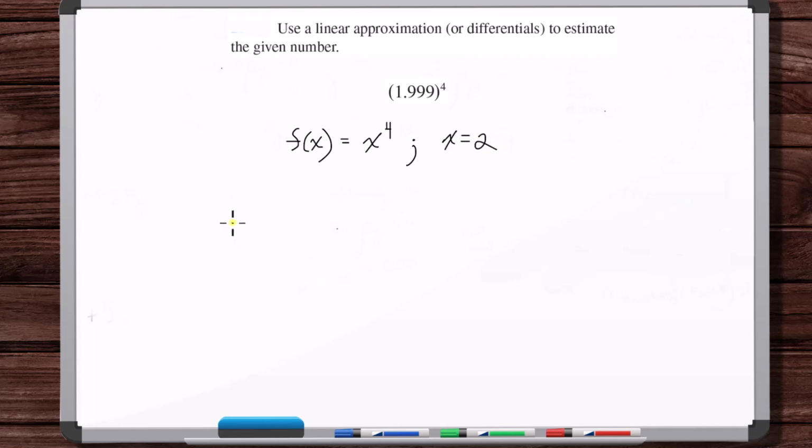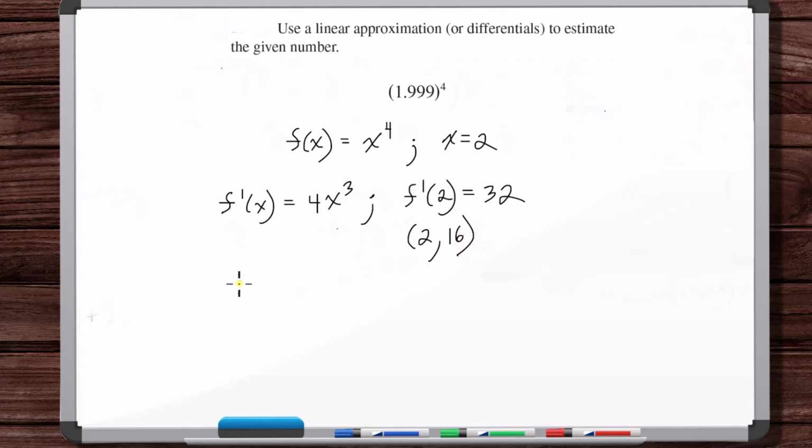Let's find L of x. So f prime of x is equal to 4x cubed. So f prime of 2 is equal to, 2 cubed is 8, 8 times 4 is 32. There's our slope. Our point is 2 comma 2 to the 4th, 16.